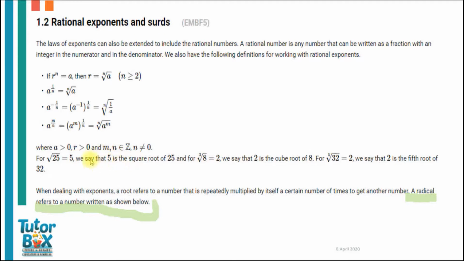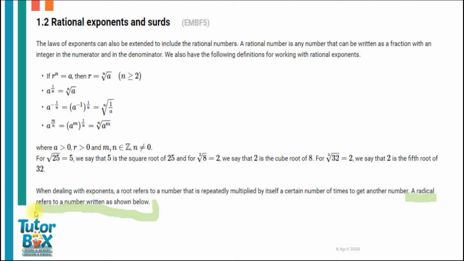Or even here, because they said 5 is the square root of 25, you can just say 5 squared and check whether you do get 25. Okay. And then for the fifth root of 32, this should be equal to 2. We say that 2 is the fifth root of 32. Basically, you're just looking for a number that you multiply by itself 5 times to get 32. And that number is 2.